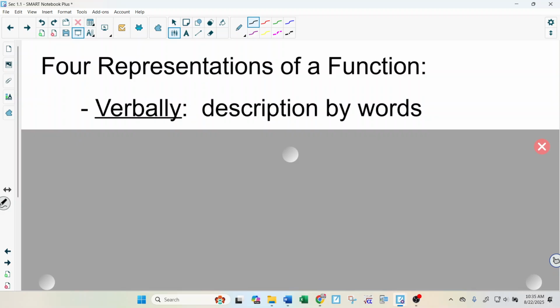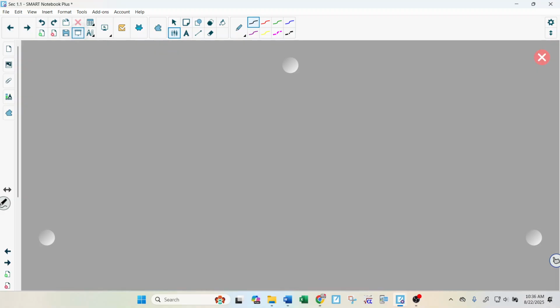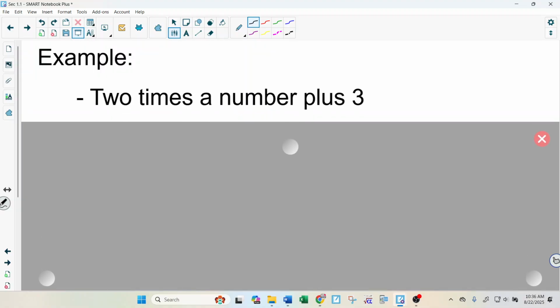So if you look at the example on your paper, 2 times a number plus 3. That is a verbal description. So you just write it out in words. That's one way to describe a function.